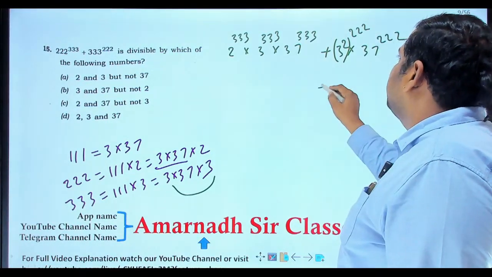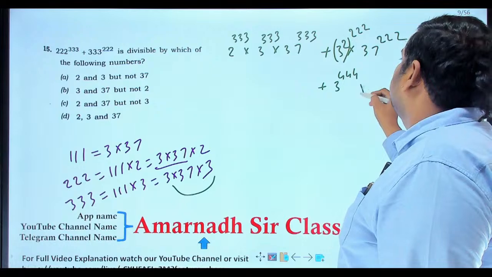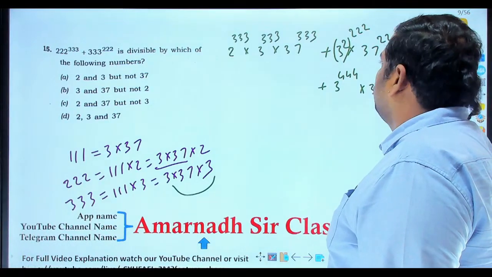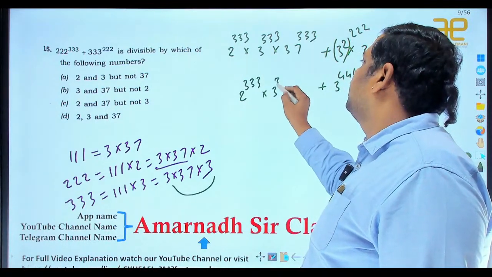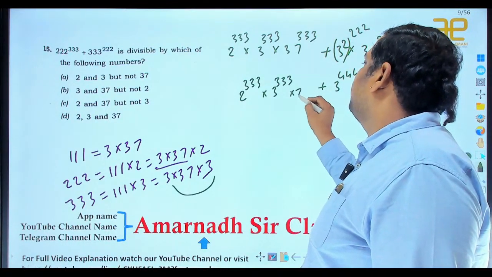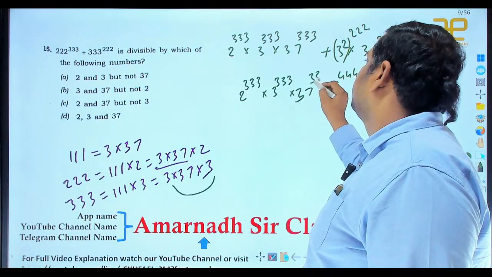Now I can rewrite it as 3 power triple 4 into 37 power triple 2, and this is 2 power triple 3 into 3 power triple 3 into 37 power triple 3.